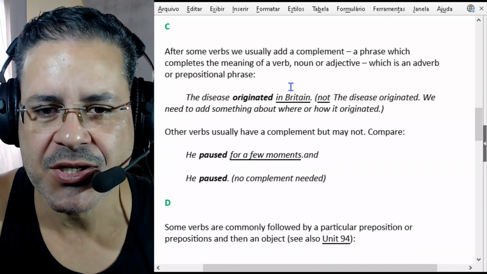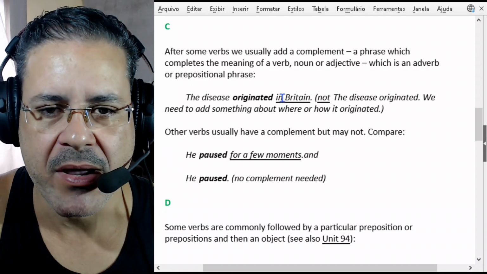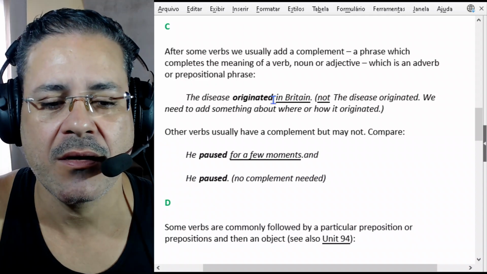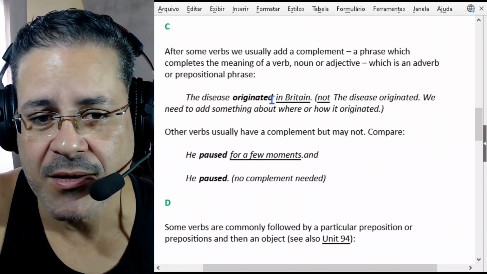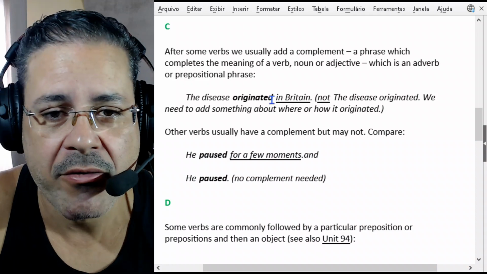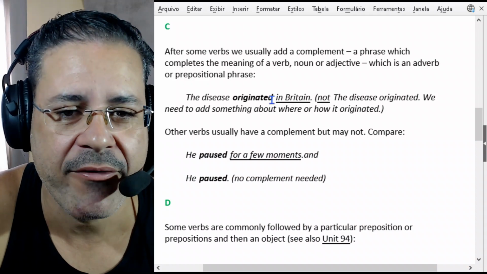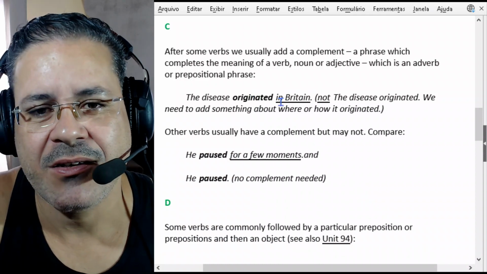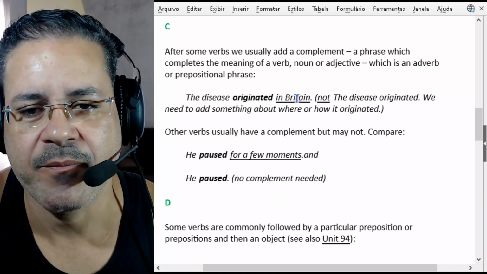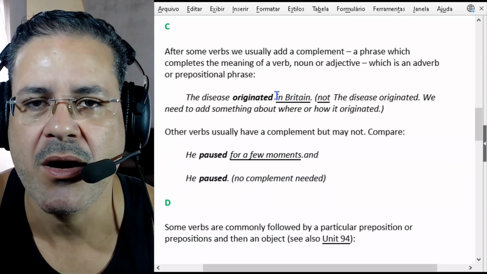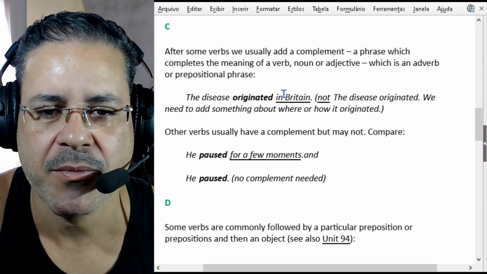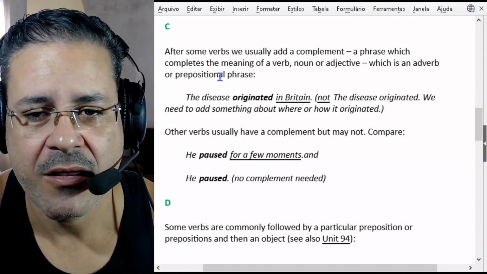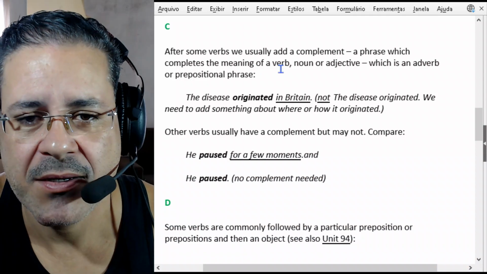If you don't mention the place as a complement, you might say, the disease originated, and you go like, okay, where did it originate? It originated where? It originated in Britain, or in Brazil, in the United States, in the UK, in China, in Bangkok, wherever it might be. So, with some verbs like these, we might add a complement.